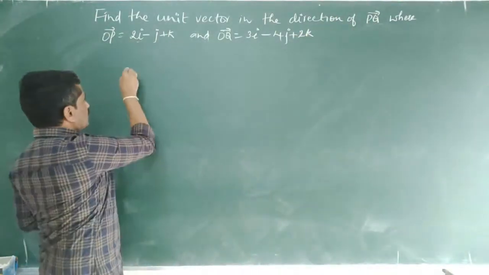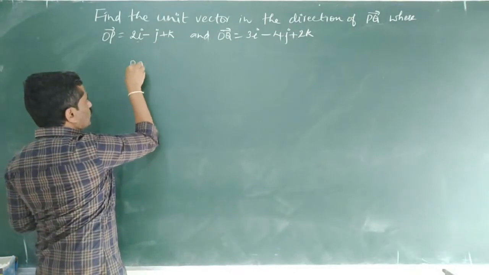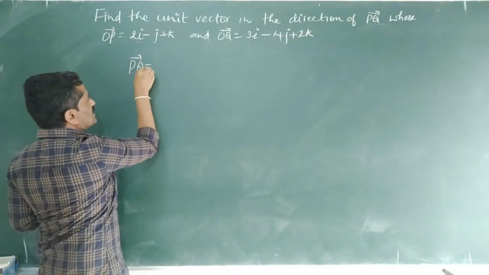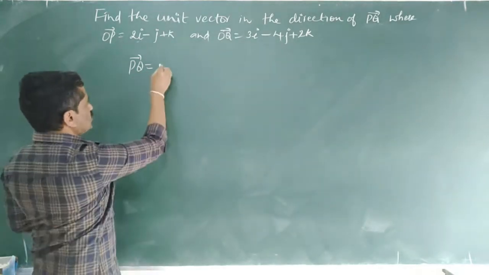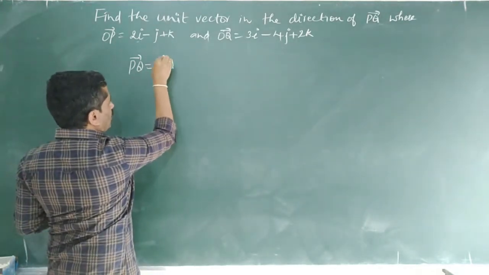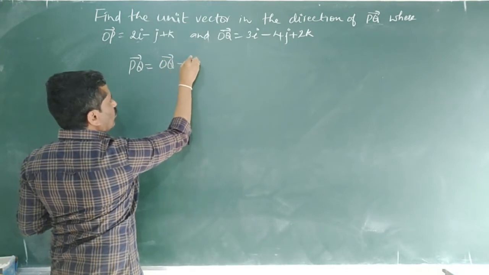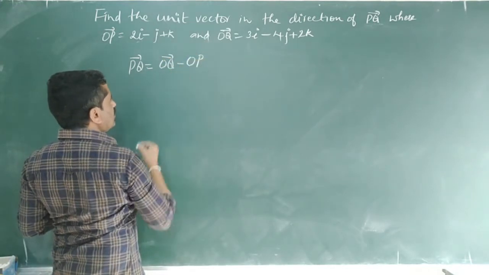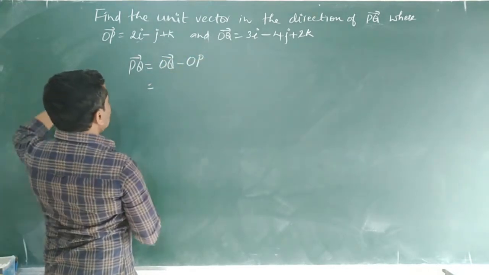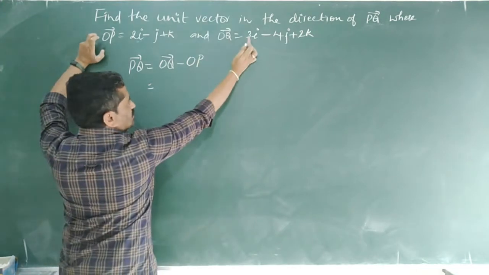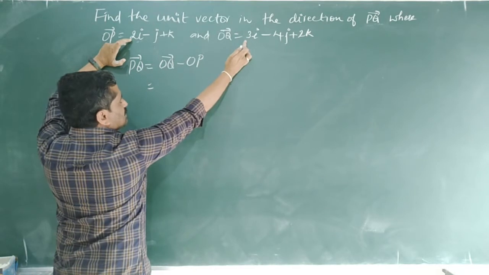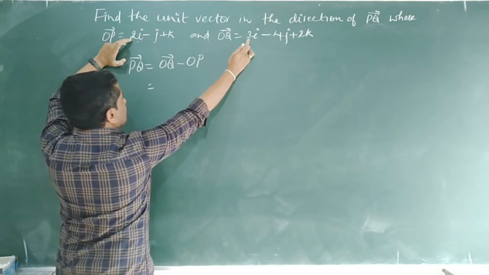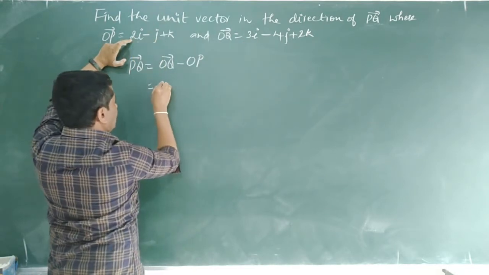We know that the vector PQ bar can be expressed in terms of its position vectors, that is OQ bar minus OP bar. Again that is equal to, what is OQ bar? This. So this minus this, that is subtracting the corresponding components. So 3 minus 2 we have i.